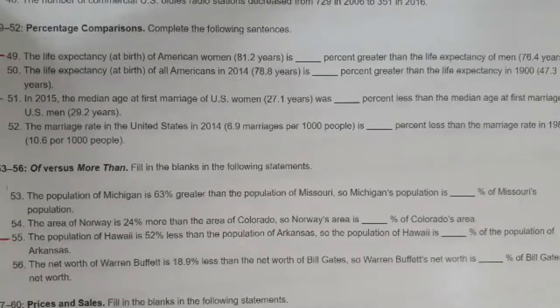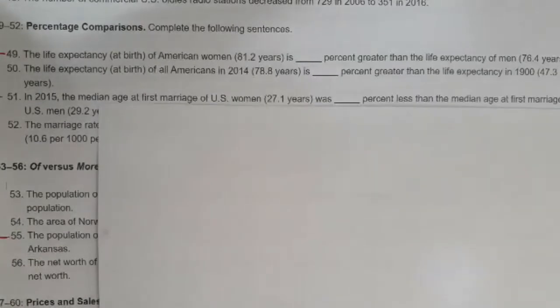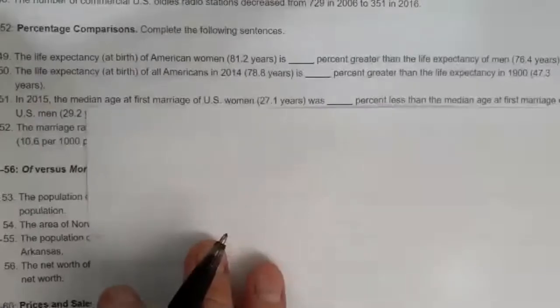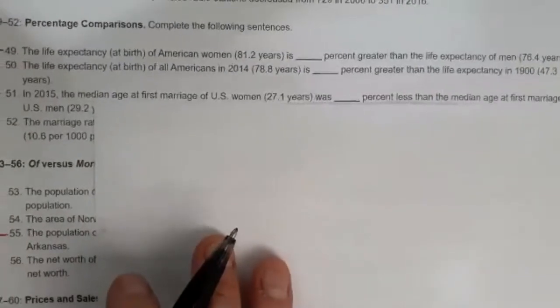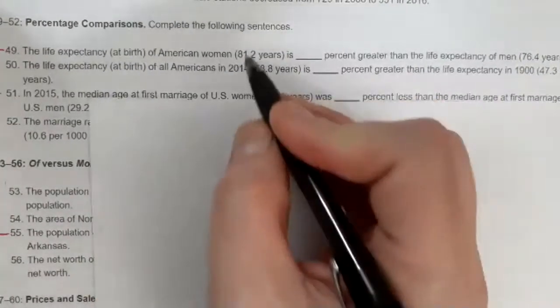The life expectancy of a woman and the life expectancy of a man. And they are asking for the relative difference between these two. So we want the relative difference. And I'm using the words old and new just kind of generally, so don't put too much emphasis on that. But what are we starting with?